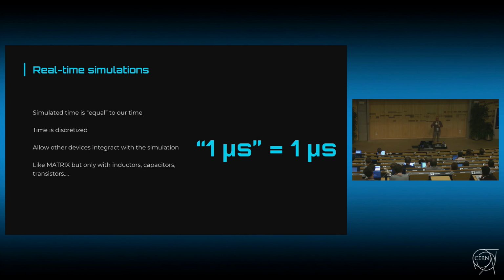If I connect that microcontroller to the simulator, for the microcontroller, everything is real. The microcontroller will see the measurements, and will see that the duty cycle of the PWM that it is applying makes changes in the model. In other words, it's like the microcontroller lives in the Matrix. It is an alternative reality, but this time only with inductors, capacitors, and transistors, which is not as cool as the real Matrix.